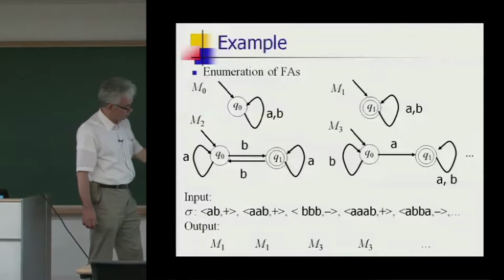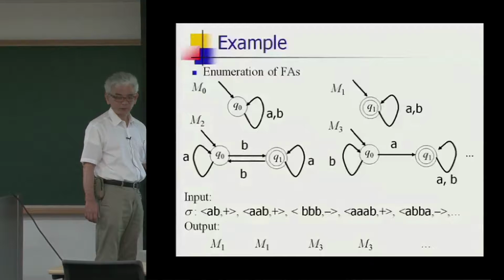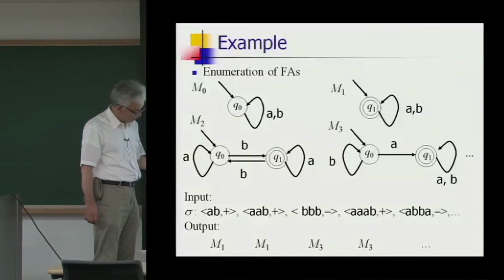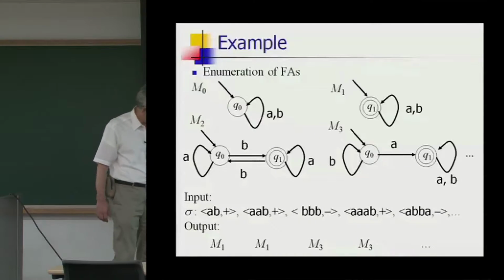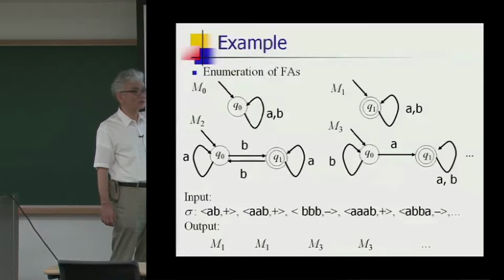And then consider the input presentation sigma. The first example is AB with a positive sign, so this must be a positive example. The first conjecture, the starting point, is here. And as you can see, this automaton cannot accept any string. There is no final state here.